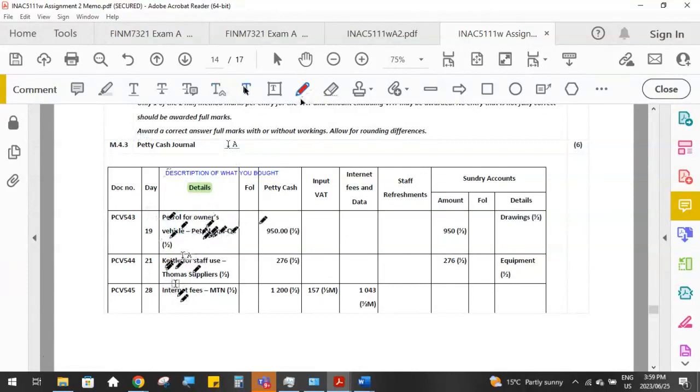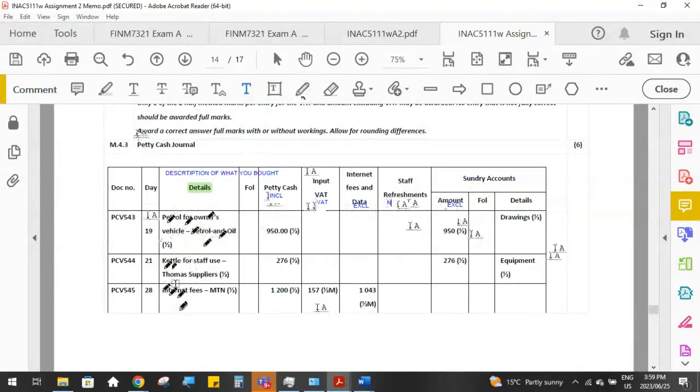And then again, your petty cash column, because that is the main column of the journal, that will be the including VAT column. Then next door to that, you then calculate the VAT amount, and then everything to the right-hand side of that will exclude VAT. Staff refreshments will exclude VAT unless VAT is not applicable or non-allowable.